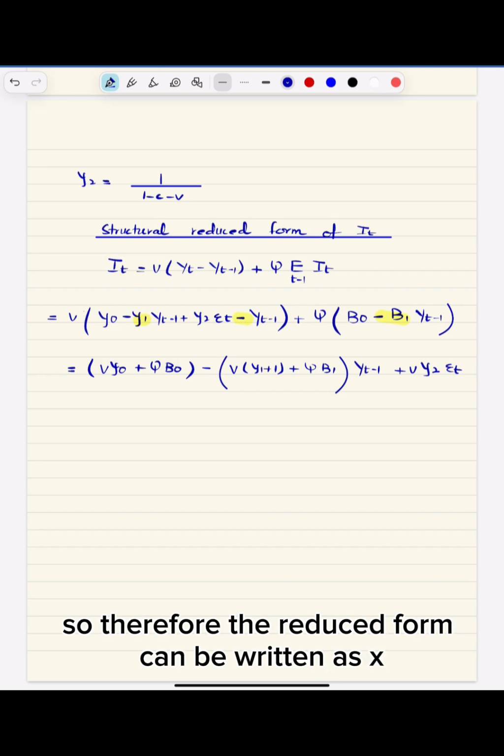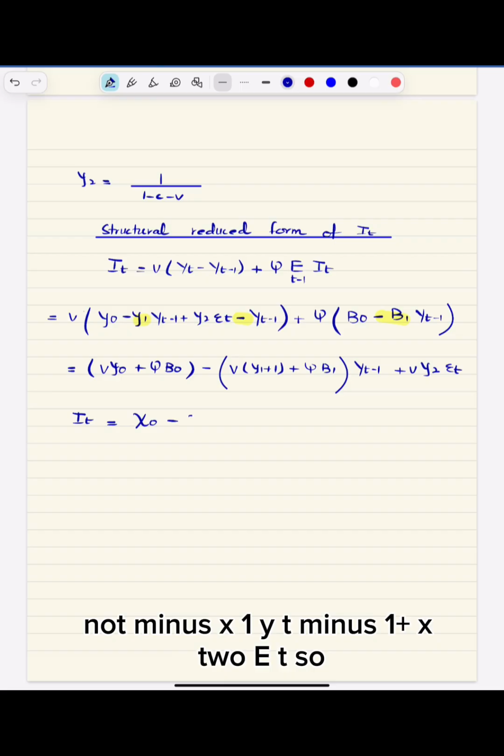Therefore the reduced form can be written as x naught minus x1 yt minus 1 plus x2 et.